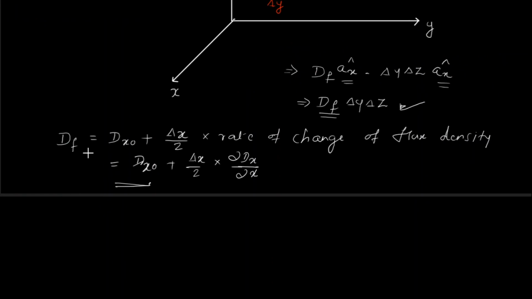My integral over the front surface becomes dx naught plus delta x by 2 times partial dx by partial x, this entire thing multiplied by delta y delta z.